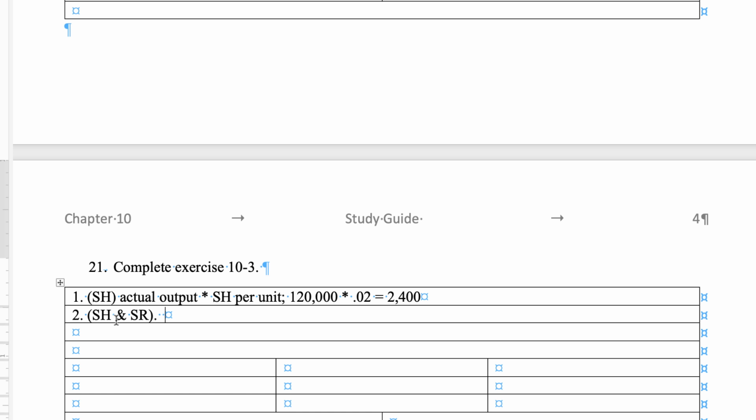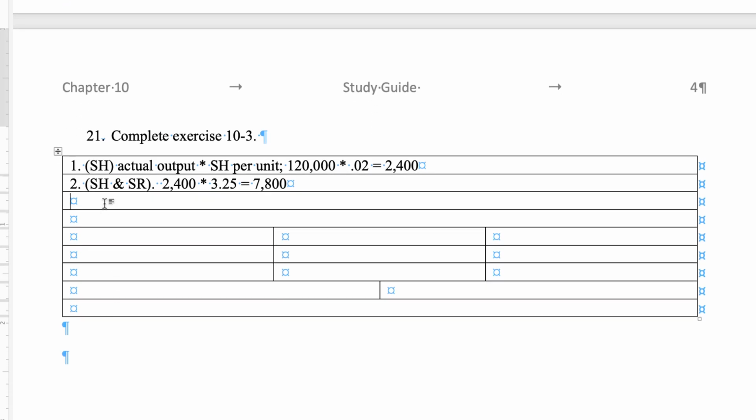We know that the standard quantity of labor hours allowed is 2,400. That's what we figured out in number one. We're going to multiply that by the standard variable overhead cost per hour. Well, what's that cost? Well, the standard says it's $3.25. That ends up equaling $7,800.